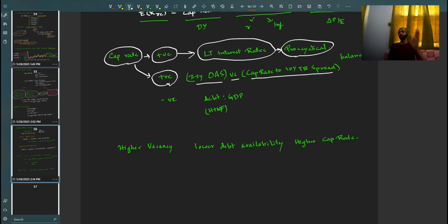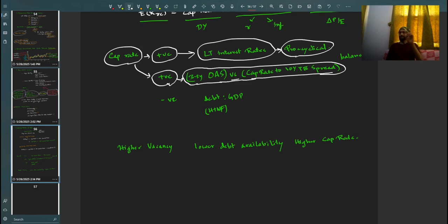And what was found was that they happen to be positively related. That is the spread between the cap rate and the 10-year treasury versus the option adjusted spread of 3 to 5 year B-rated investment grade bonds.